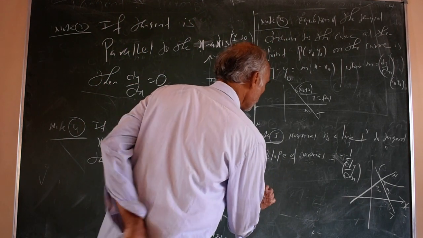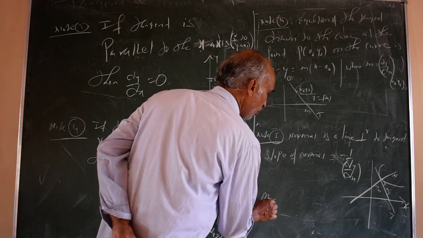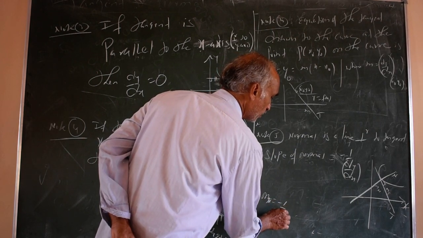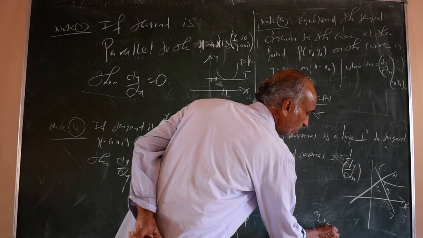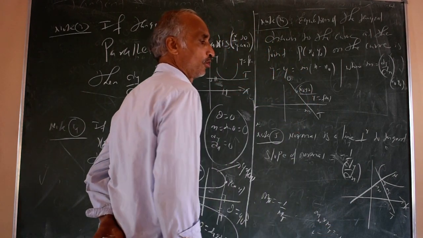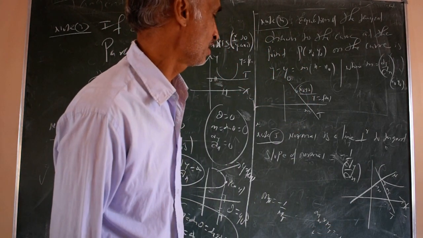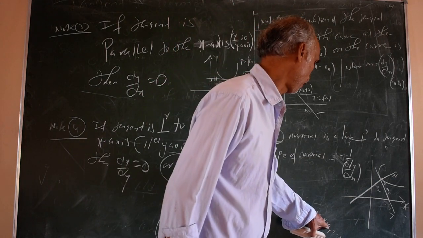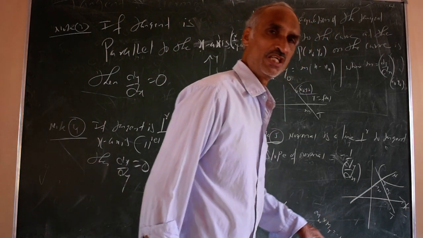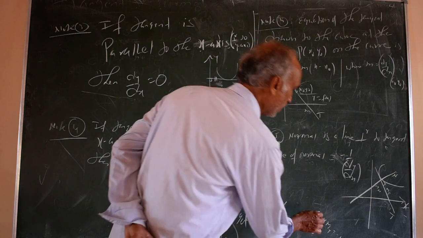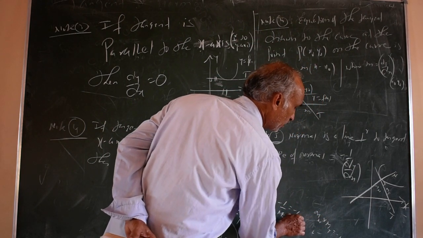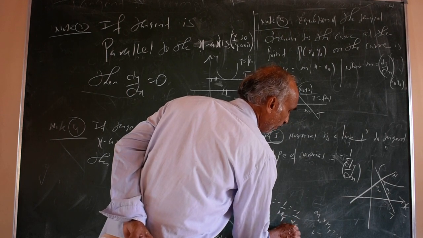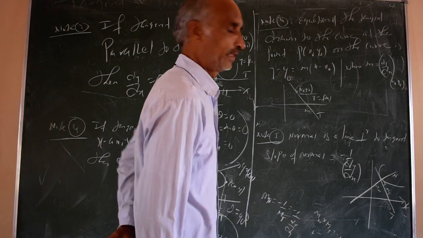Therefore the slope of the normal is equal to minus 1 upon the slope of the tangent, because the normal is perpendicular to the tangent. Therefore when two lines are perpendicular, the product of the slopes is minus 1. So mn is equal to 1 upon mt, taken to this side, with mt the slope of the tangent, dy by dx. That is the explanation.